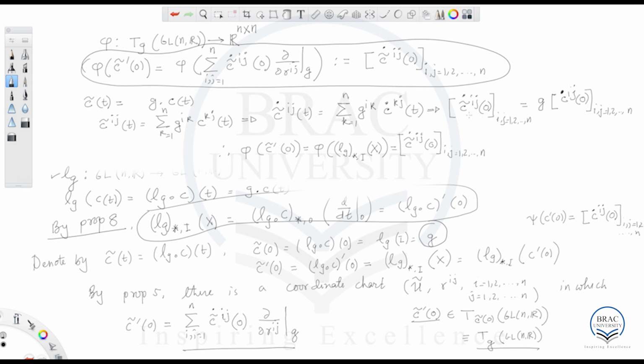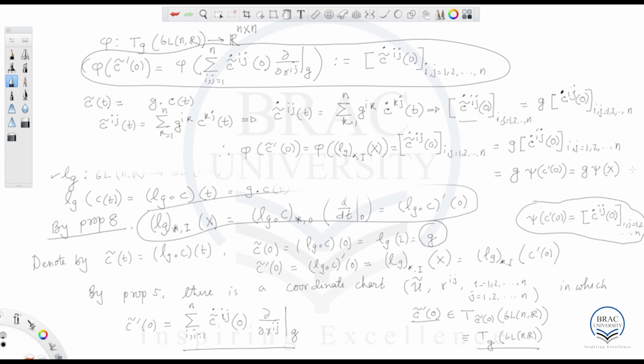And we have shown that this matrix is equal to g times this matrix C dot ij at 0, ij from 1 to n. And according to this, this is g times psi of C prime of 0. And we know that C prime of 0 is x, right? So this is g psi of x.